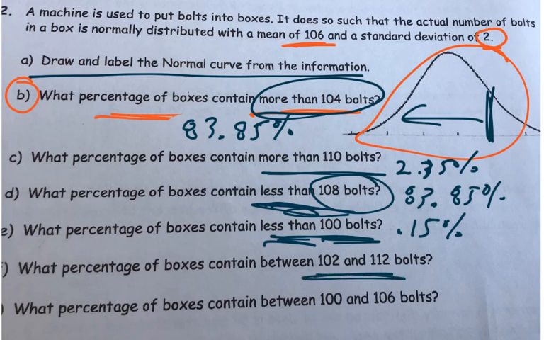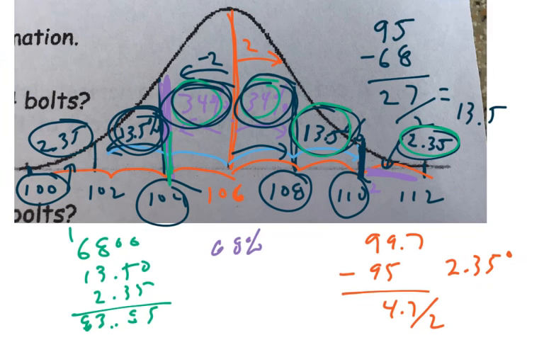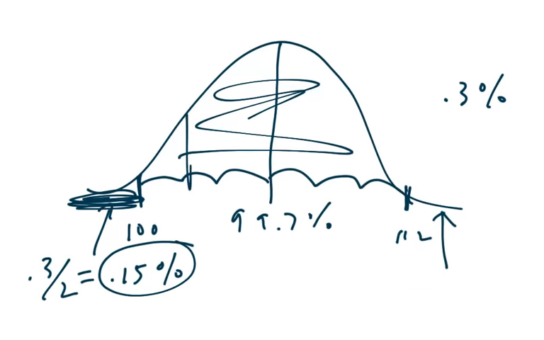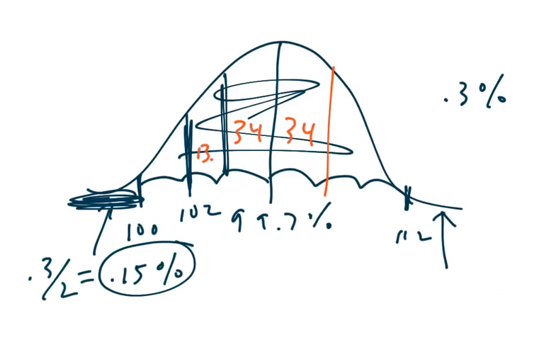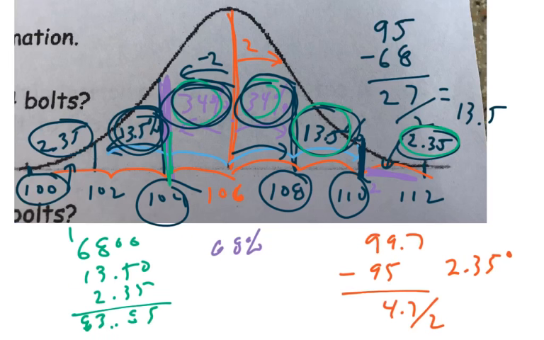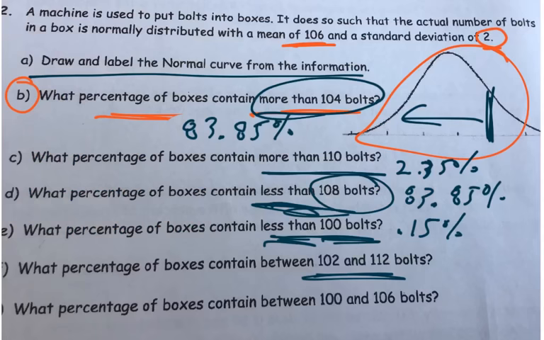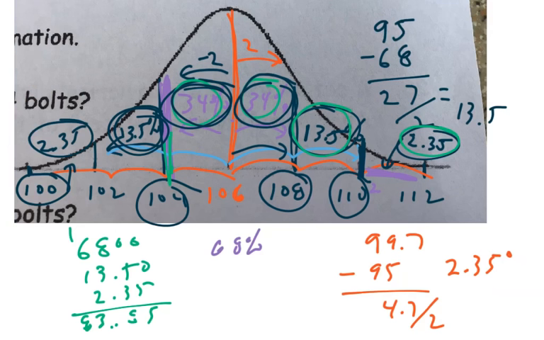They want us to go between 102 and 112. Well, does everyone agree that 102 is right here? It's the 34 degree intervals. It's the, what was it, 13.5 degree interval here, right? It's the 13.5 degree interval there as well. We're going up to 112, correct? 112 is 3 above.